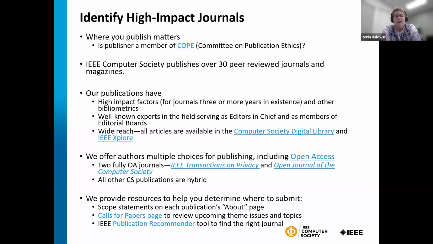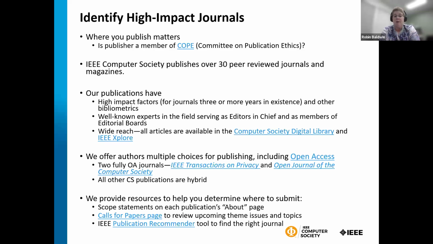We also offer multiple choices for publishing, including open access. We have two fully open access journals. One is IEEE Transactions on Privacy, which launched just this year, and the Open Journal of the Computer Society, which launched in 2020. All of our other publications are what's called hybrid. So you do not have to publish them as open access, but if you want to or need to, you can.